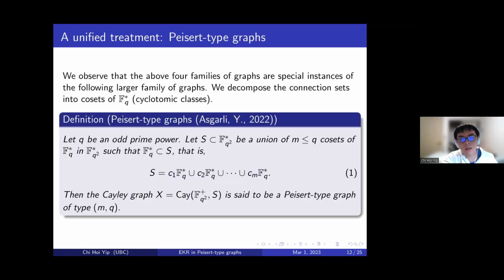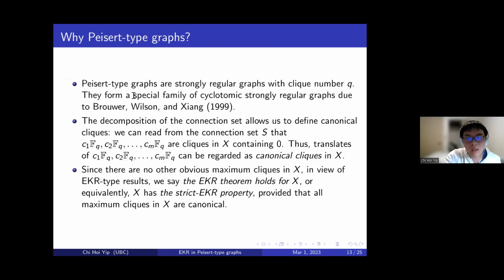So our Peisert type graph is just a special case of their construction. That means Peisert type graphs are nice because they are strongly regular.